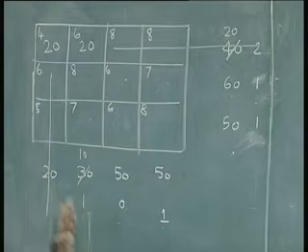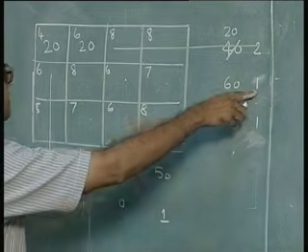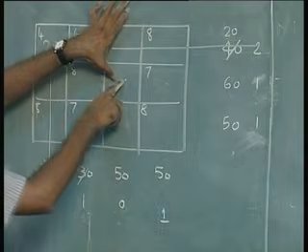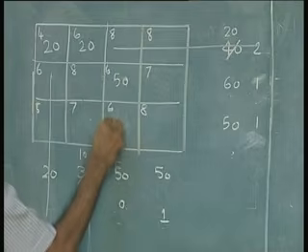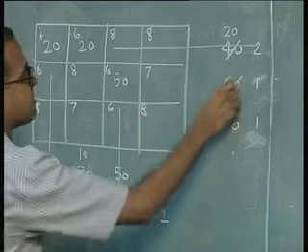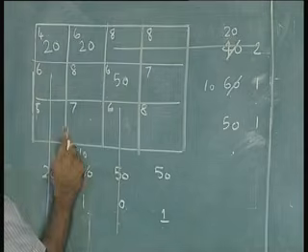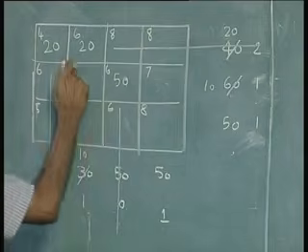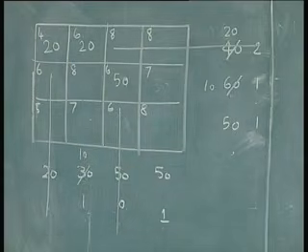Last time we took this one, this time let us take this one. So if we break this tie arbitrarily, this is the least cost position, 60 and 50, so I put 50 here, so this goes, this becomes 10. Now once again find out the penalties: 8 minus 7, 1; 8 minus 7, 1; 8 minus 7, 1; 8 minus 7, 1. We could choose any one of these.